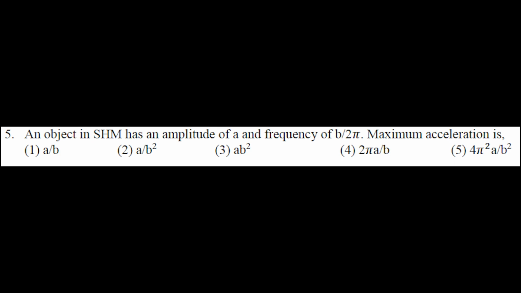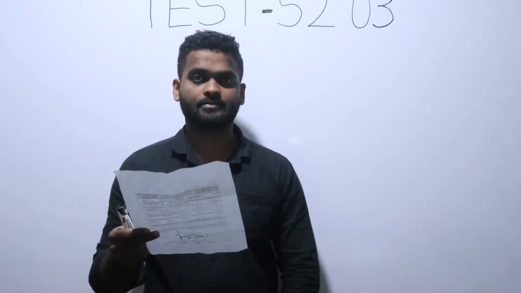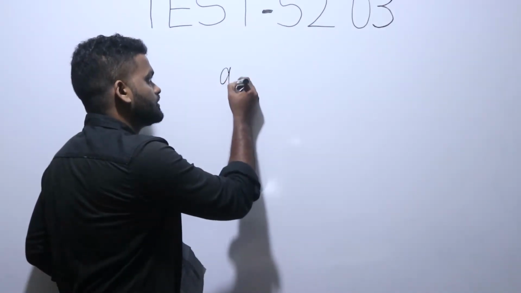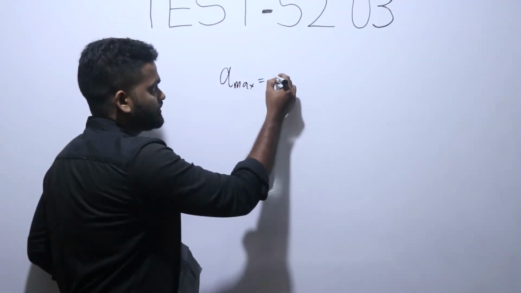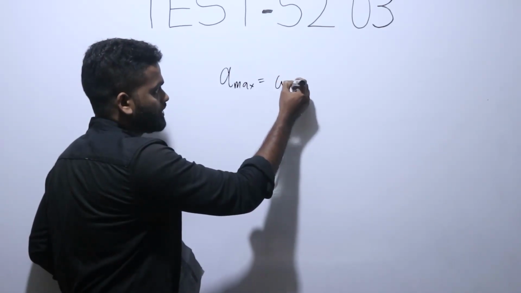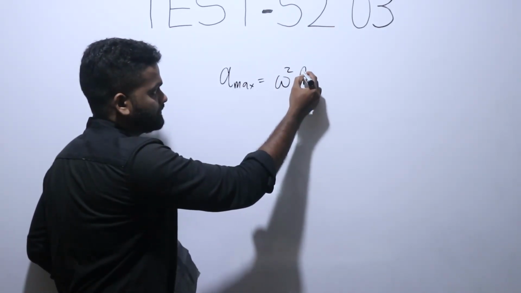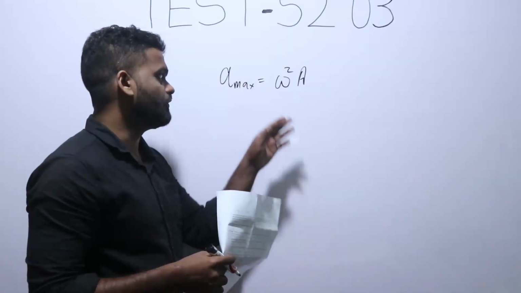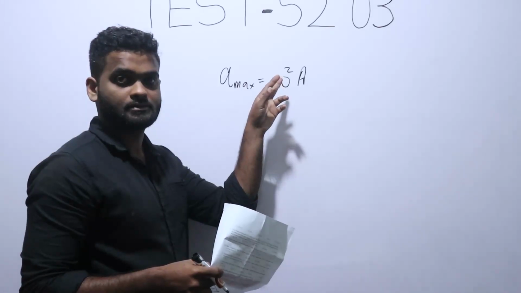An object in SHM has an amplitude of simple A, frequency b over 2 pi. Maximum acceleration is. So again they are asking for the maximum acceleration. So we know that the equation for maximum acceleration is omega squared A. Since they are only asking for the magnitude, I'll just avoid the negative sign.